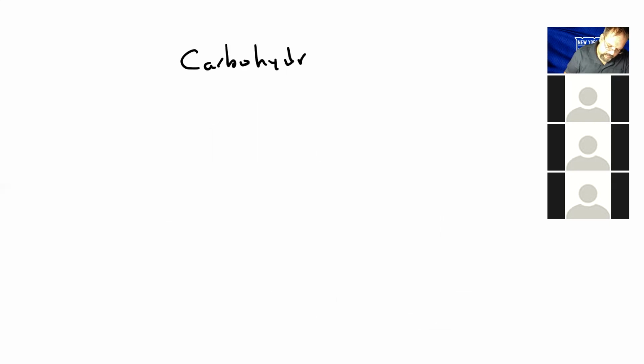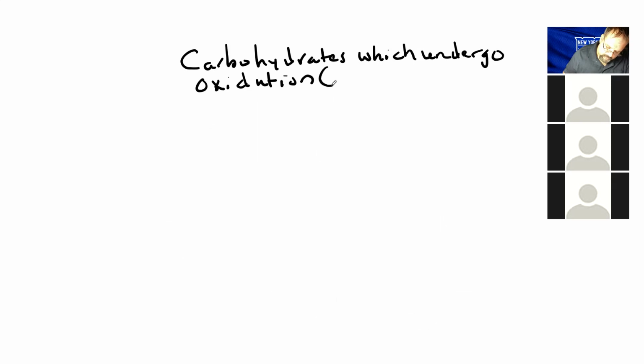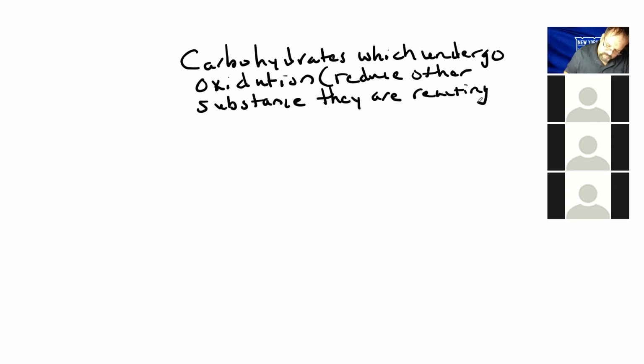Carbohydrates in general, which undergo oxidation, in other words, they reduce the other substance they are reacting with, are called reducing sugars.